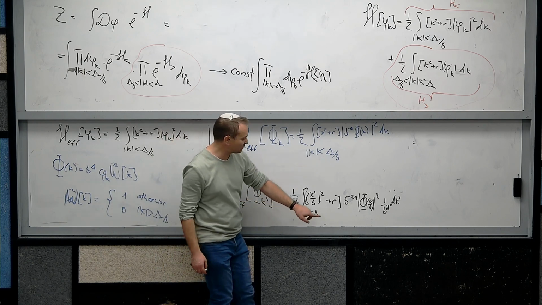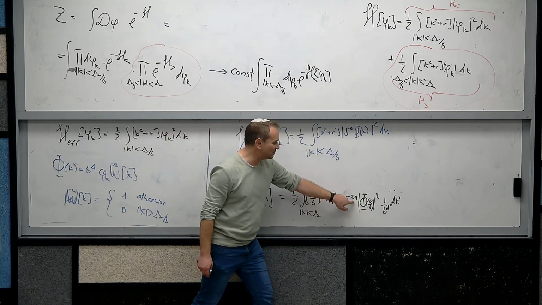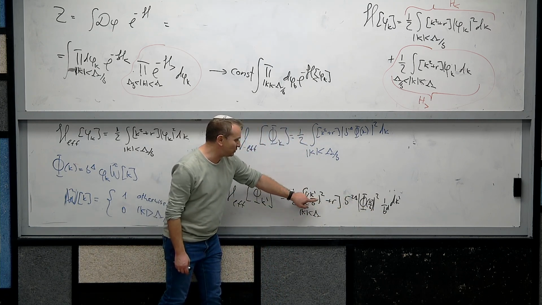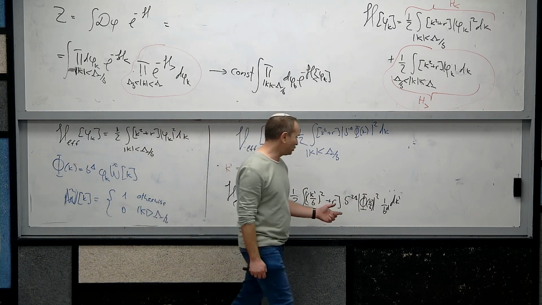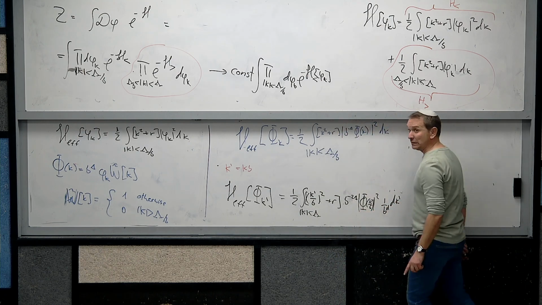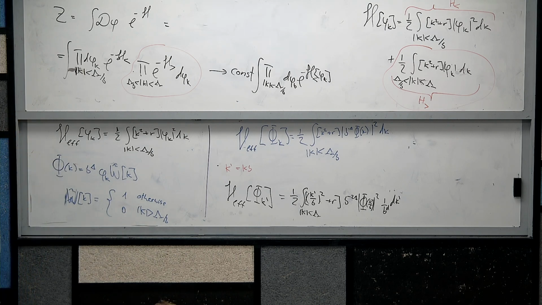First of all, I have different multiplications: b to the minus 2 delta, b to the d. Here I have k prime divided by b squared. And most importantly, I have this phi of k prime divided by b. So it's definitely not the original Hamiltonian.